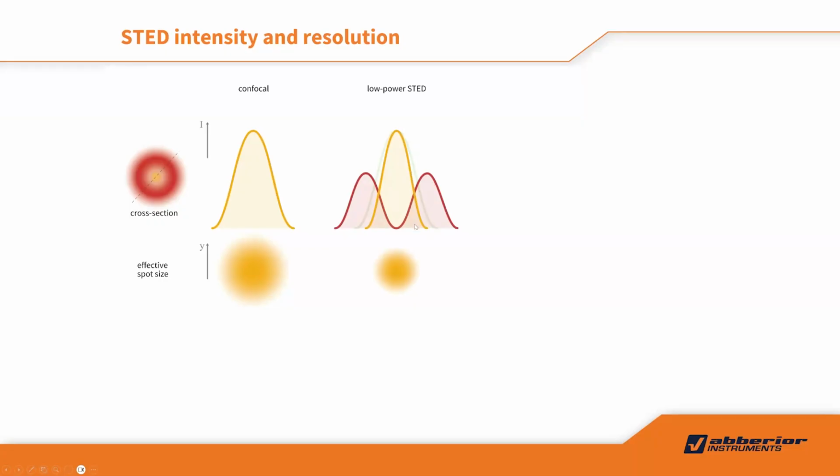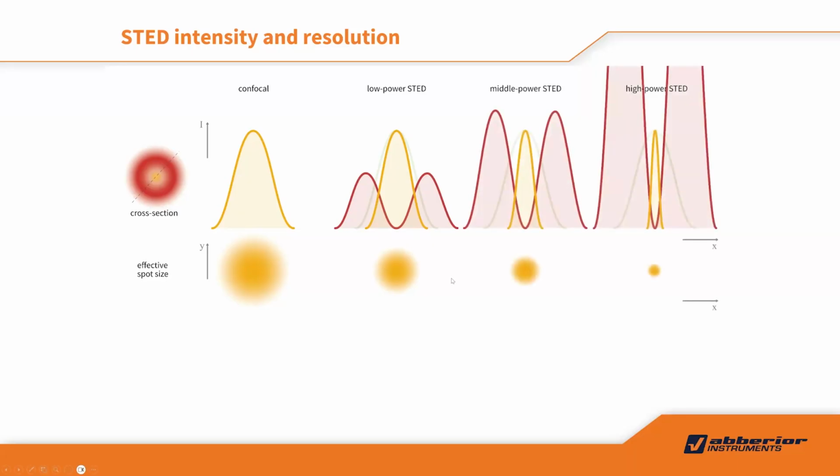The overlapped area is dark on the detector. There's the STED effect, as I explained in the previous slide. Only in the donut center, there's no STED laser. You have the normal excitation and the emission. The combined effective spot size is smaller. Then if you increase the STED power more and more, the center part is confined less and less. The resolution is improved further and further.